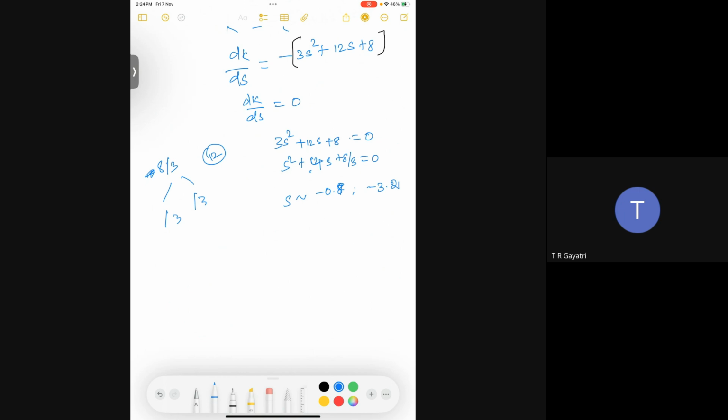Okay, so your minus 0.8 minus 3.2, you have, right? So this is my breakaway or break-in point. So when do we call it breakaway or break-in?